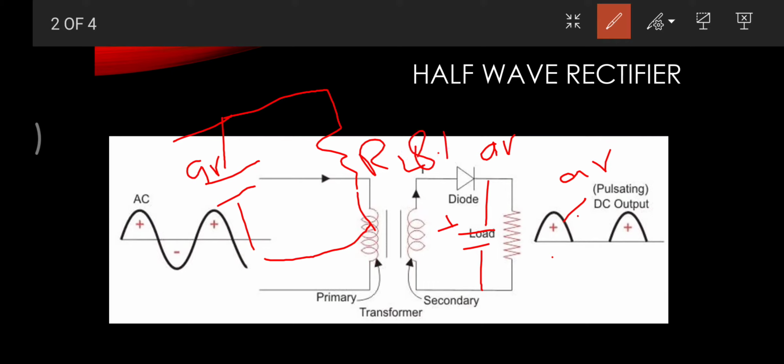So the diode becomes reverse biased and the load is supported by the capacitor, and hence the load gets supply from the capacitor. As it supplies the current or charge to the load, the capacitor starts discharging, and by the time it discharges, you get another positive cycle.